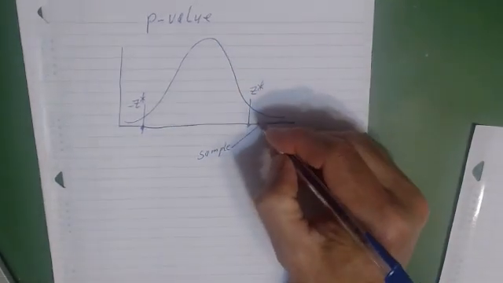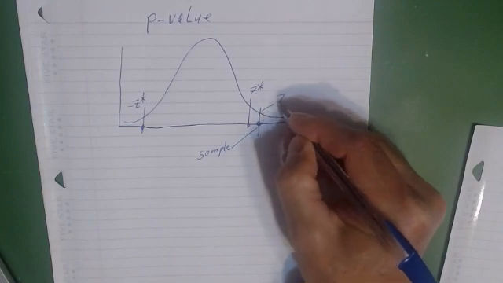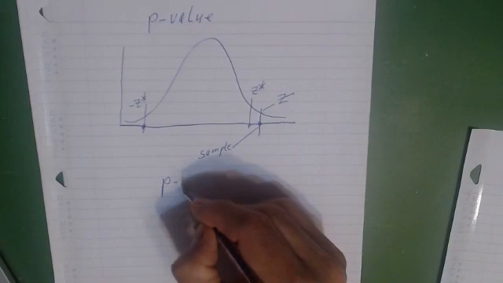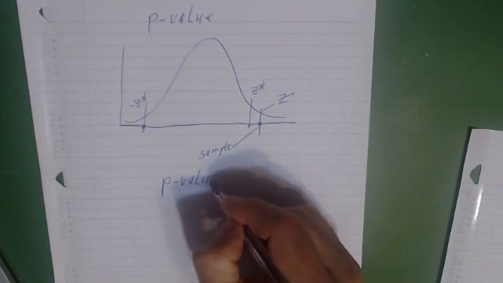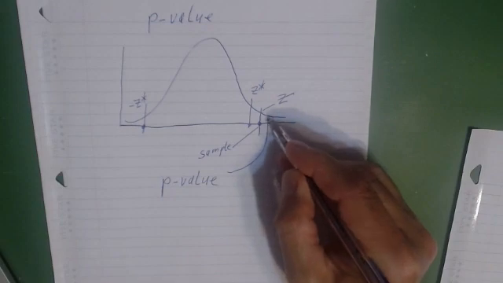Okay, and so we have a Z value. So here's what p-value is. P-value is this probability.